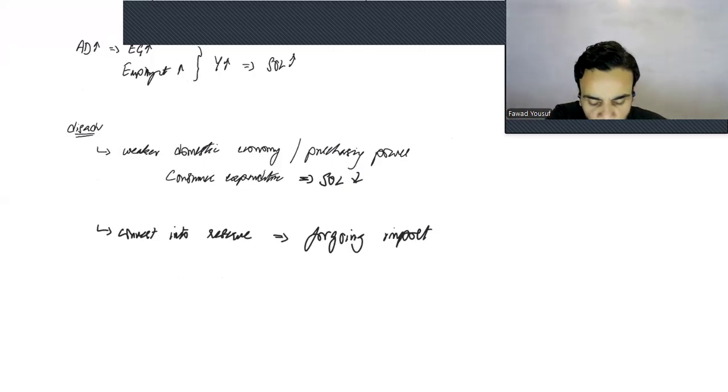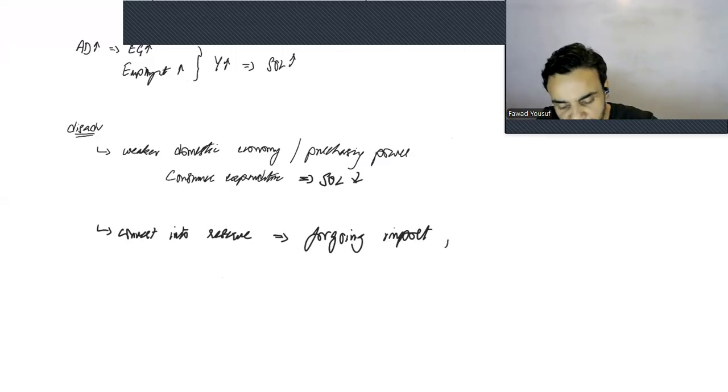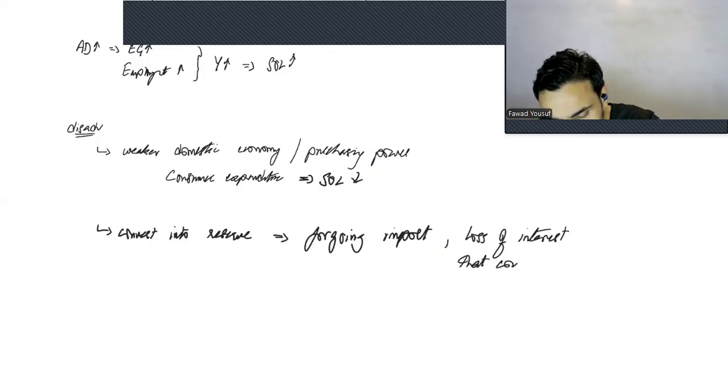Besides that, those reserves you have kept could have earned you interest, so there is a loss of interest that could be earned.